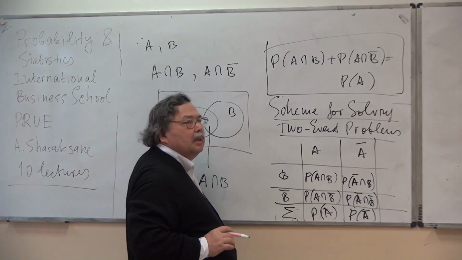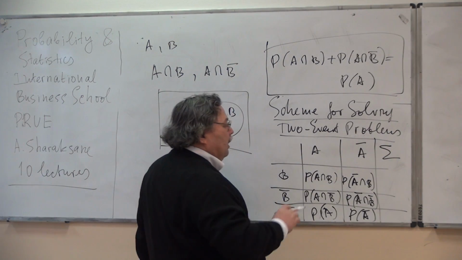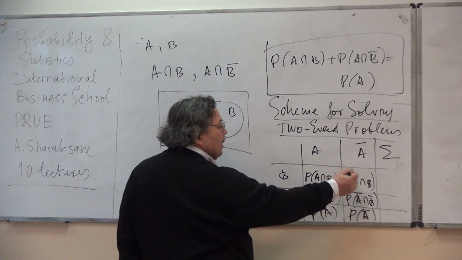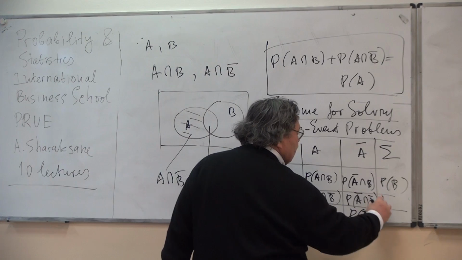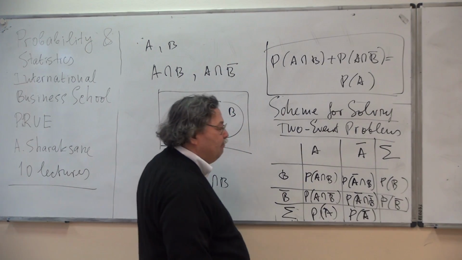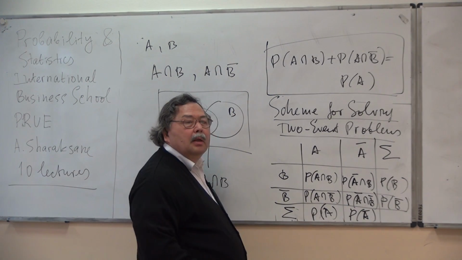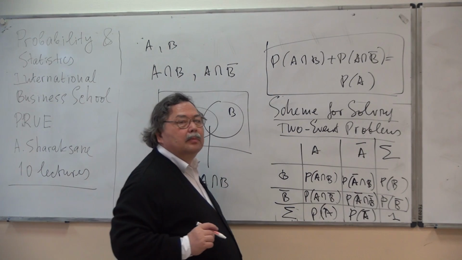This last row contains sums. And also we write sigma here, and we perform summation along rows now. The sum of these two is P of B, and the sum of these two is P of complement B. And what's the sum of these two? It's 1, same as the sum of these two.